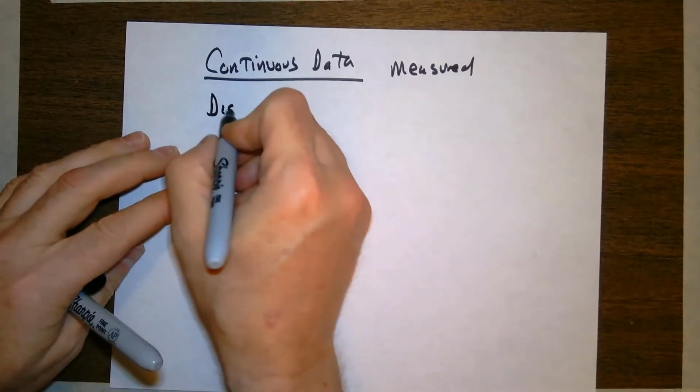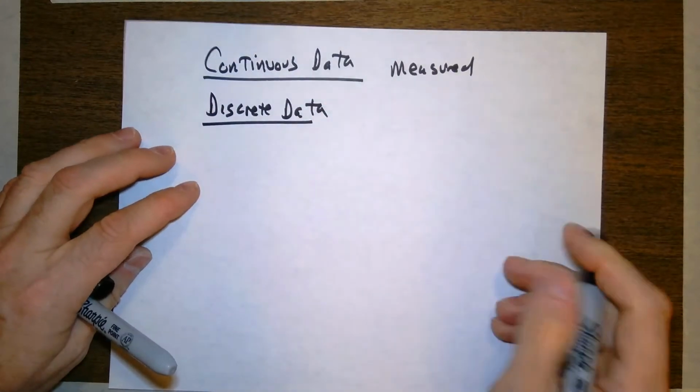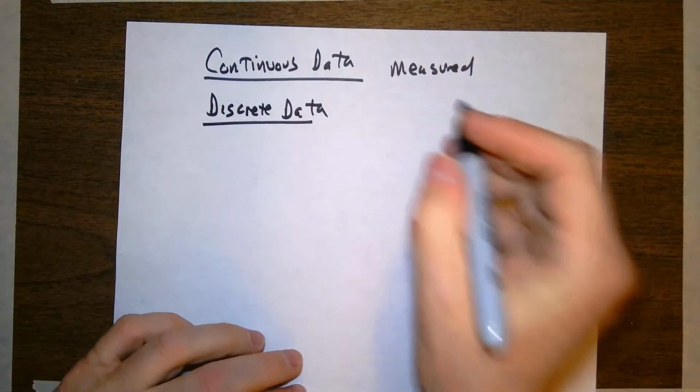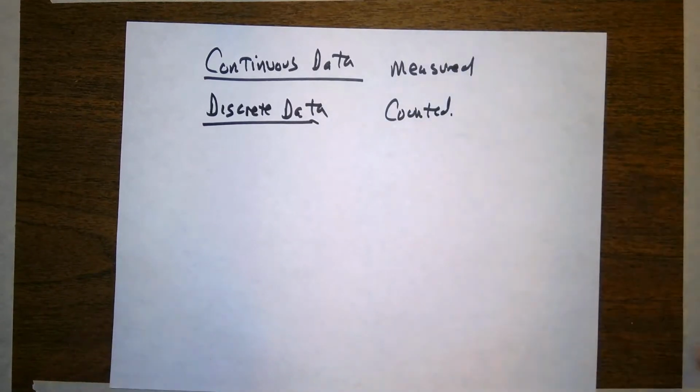Discrete data is quantities that are counted, such as the number of t-shirts that you own, or the number of classes that you have, or if I throw a bunch of darts at a dartboard, how many hit the bullseye?